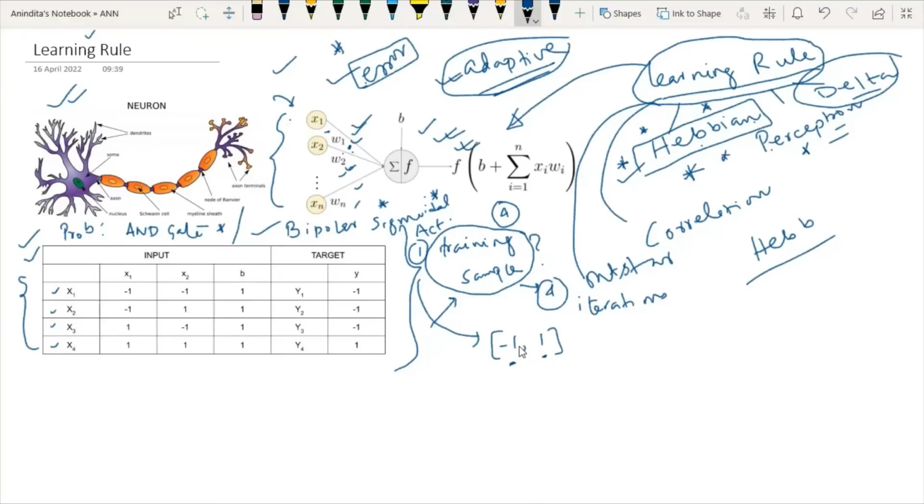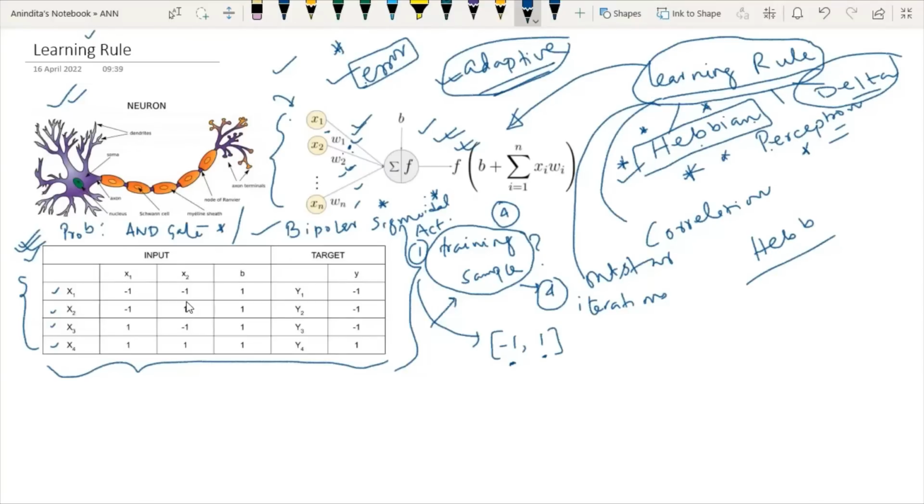So in the previous class I explained that depending on any particular problem, the type of the activation function will vary. Sometimes we have to determine the activation function, sometimes it is given. If you see this problem, each and every value is between 1 and -1. So depending on this problem, they have already given that the bipolar sigmoidal activation function is fit for it.